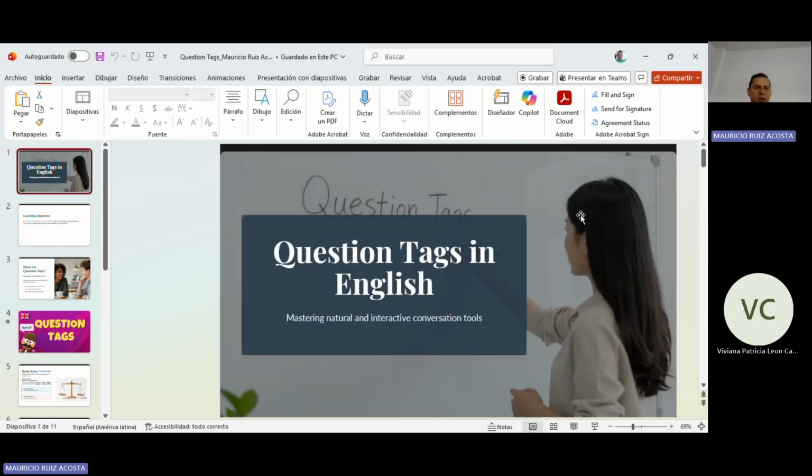Remember that in the last class, we already saw the modal verbs.